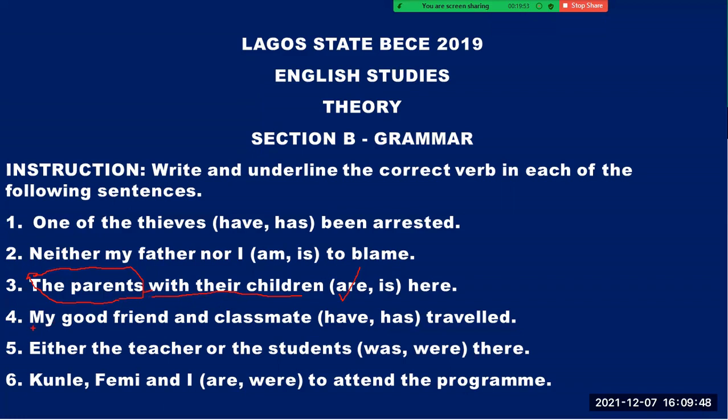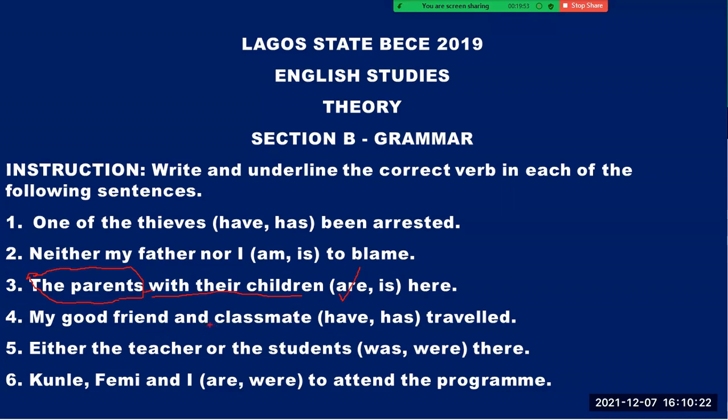Okay, so question number 4, my good friend and classmate dash traveled. Now, ordinarily, if you have two subjects joined by the coordinating conjunction and, then of course, that will take a plural verb. But here, we have a situation where my good friend is also my classmate. So this is referring to one person, my good friend and classmate.